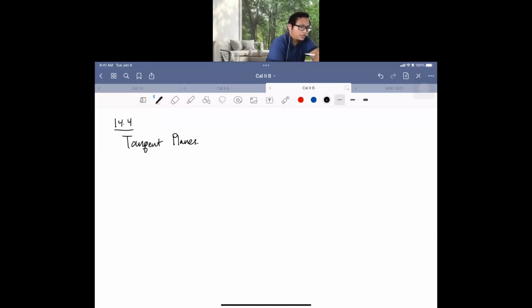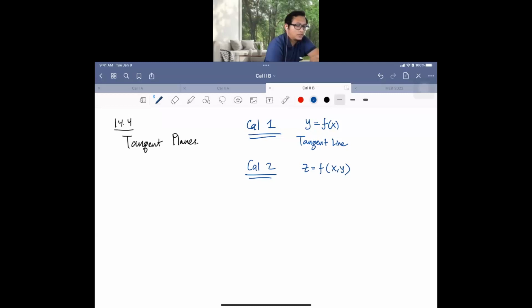Okay, just a review. In calculus 1, we have y equal to a function of x, a single variable, right? We have a tangent line. Now in calculus 2, we have a function of two variables, at least. So by doing this, we will have a tangent plane.